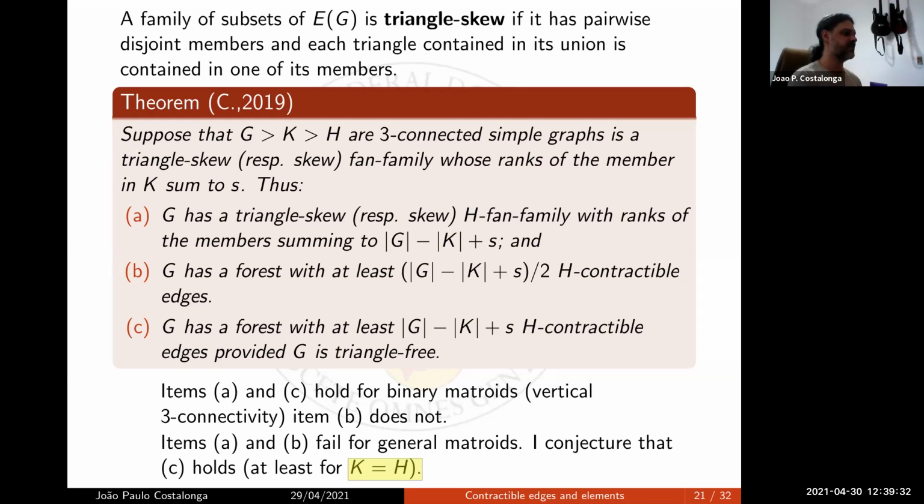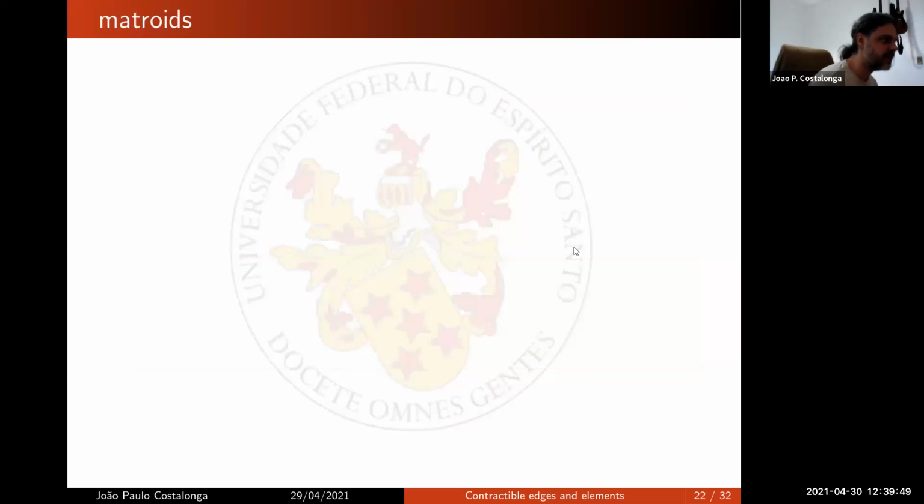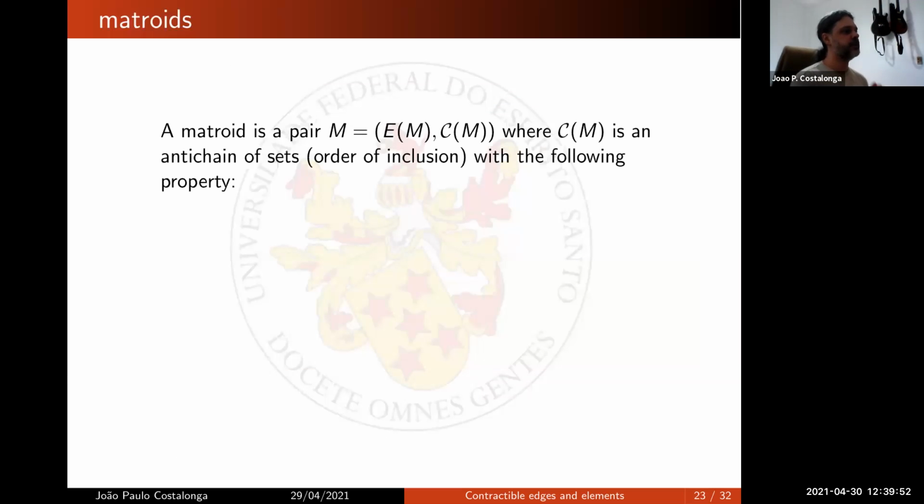The other work I'll talk about is exactly this. And I believe if you're familiar with matroids, you get the idea. For those who are not familiar with matroids, I'll introduce a bit of matroids. A matroid is a pair where E of M is a finite set and C of M is a family of subsets of E of M such that this is an anti-chain in the order of inclusion.